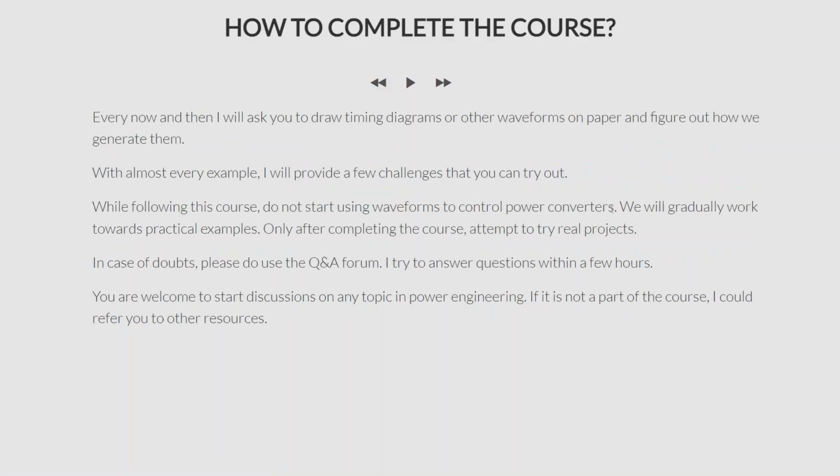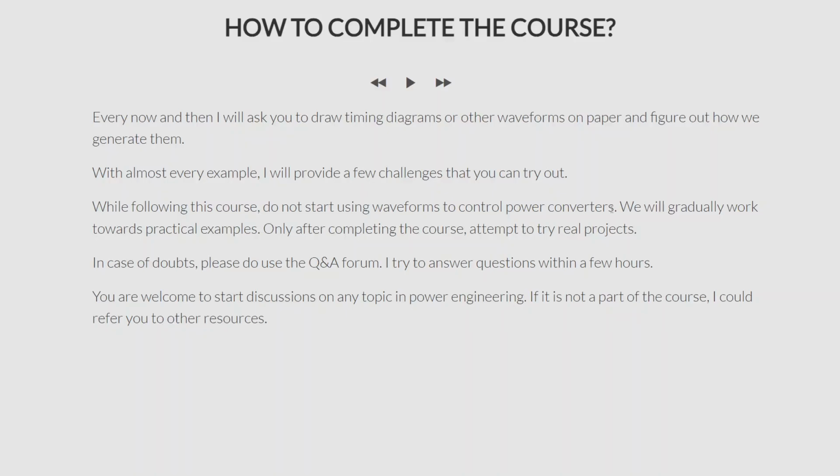So every now and then, while we are working on different peripherals, I will ask you to draw timing diagrams and other waveforms on paper and figure out how these work. So these are things which I will describe to you while I actually show you the technical documentation and when I show you theory slides.